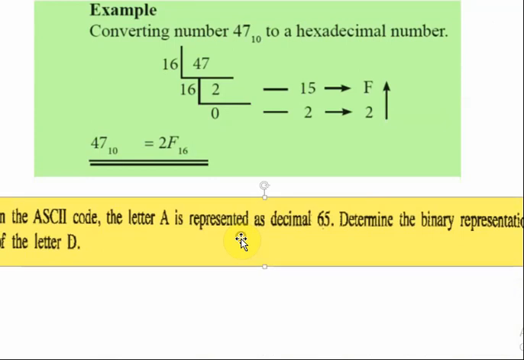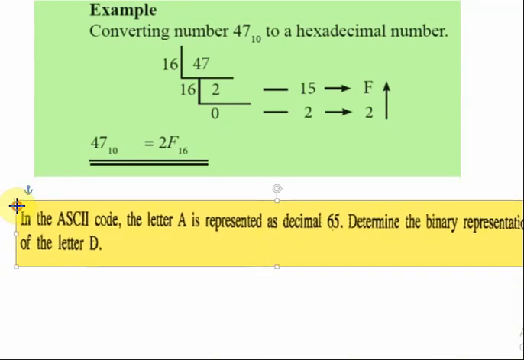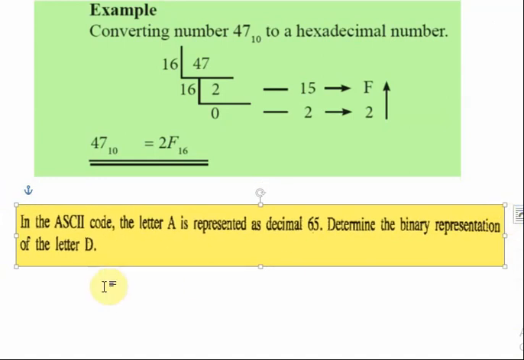Certain times you may get tricky questions like this as well. Now I'll show you. In the ASCII code, the letter A is represented as decimal 65.